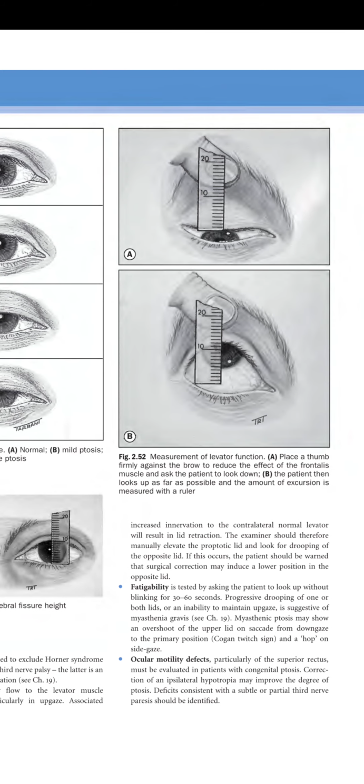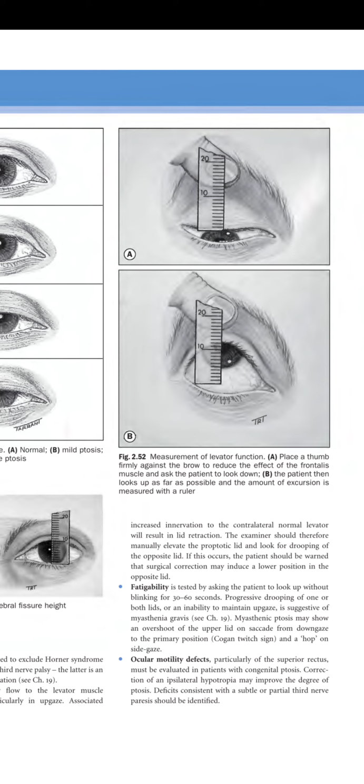And 2.52 is basically the measurement of the levator function. A is place the thumb firmly against the brow to reduce the effect of the frontalis muscle, and ask the patient to look down. The patient then looks up as far as possible, and the amount of excursion is measured with the ruler.